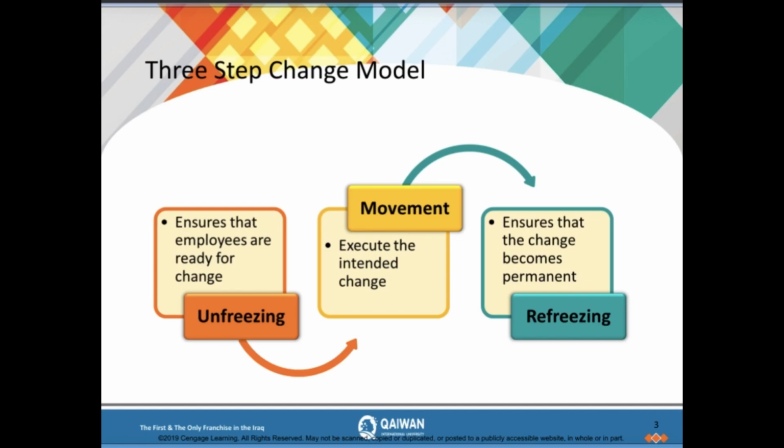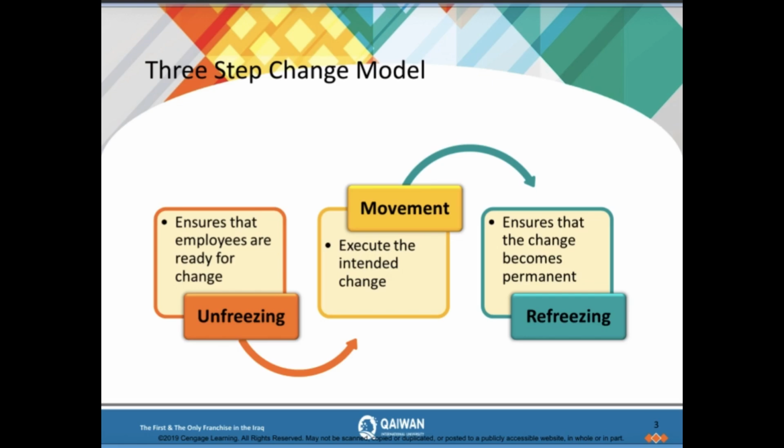Then we move to the second step, which is movement. This is where the actual change happens. The organization introduces the new system, the new process and the new behavior. For example, organizations start using a new technology or a new method. This stage is usually the most challenging because people are adjusting and learning. And finally, we have refreezing.